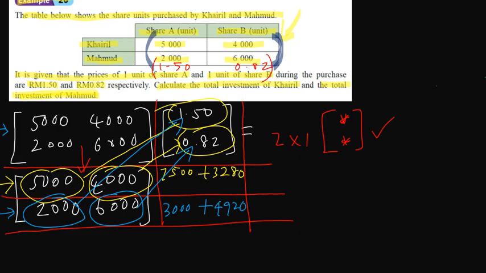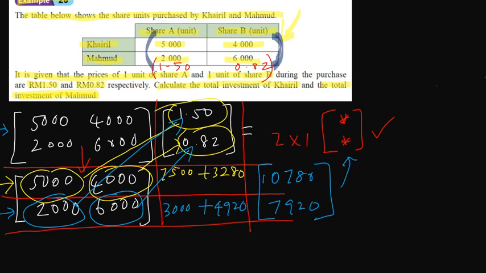And what you'll get as the answer is 10,780 and 7,920. So this is the matrix, same like this one, right?